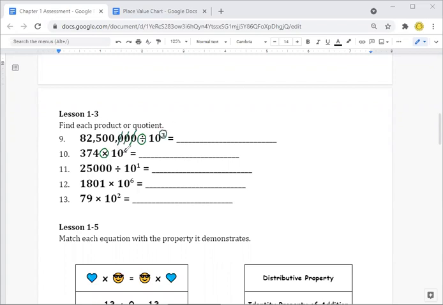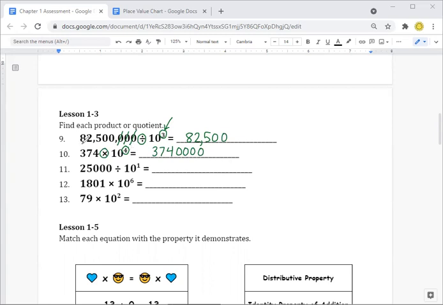And multiplying times the power of 10 makes a number bigger by that many positions. So we either are taking zeros off or we're adding zeros on, depending on the exponent involved. So remember, the exponent is that little number next to the power of 10, and that tells you how many positions to shove the digits of your expression.